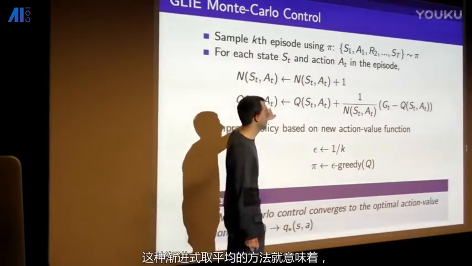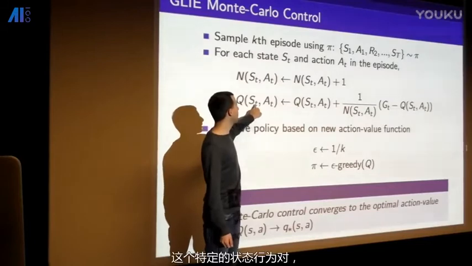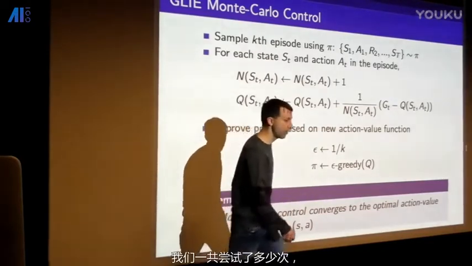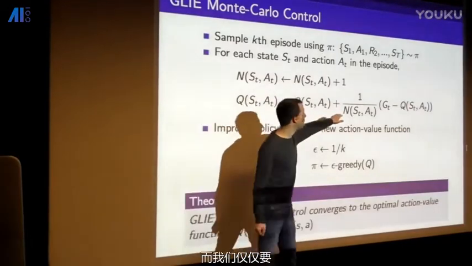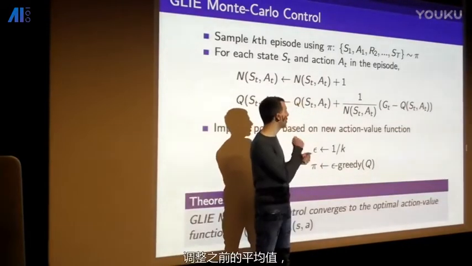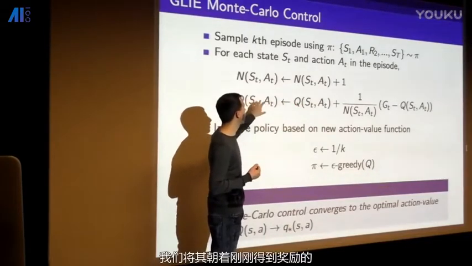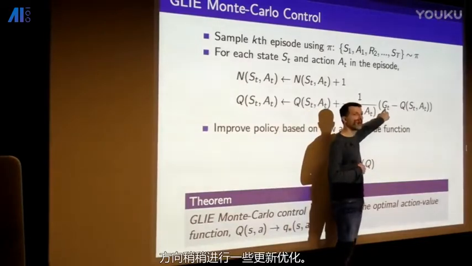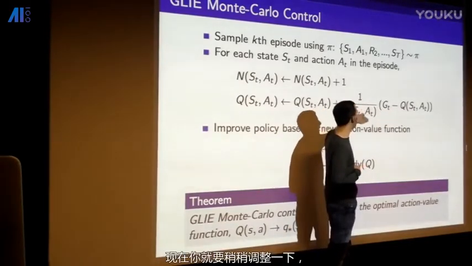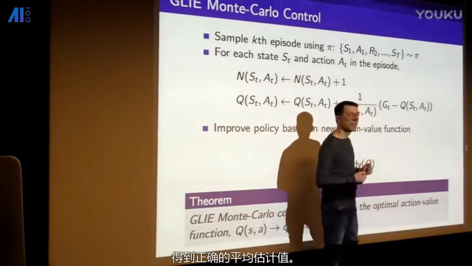For this state-action pair, how many times have I tried that? Well, let's adjust our previous mean a little bit in the direction of the return that we just got. The amount that we adjust it to get a correct mean estimate is this 1 over n.